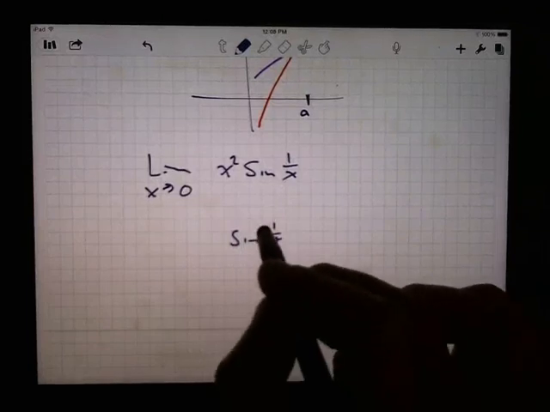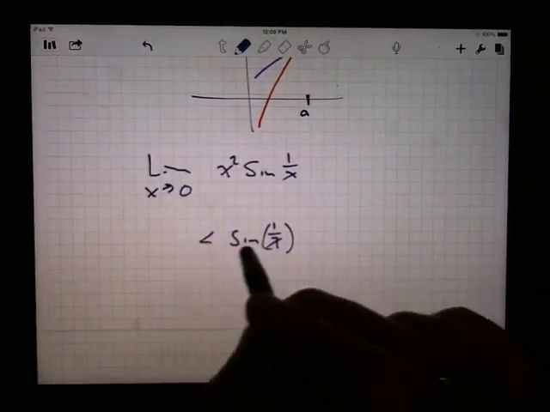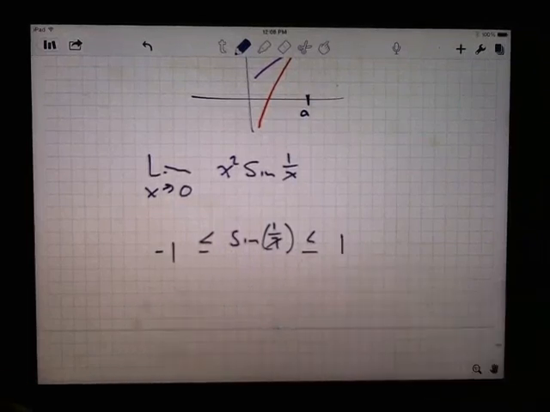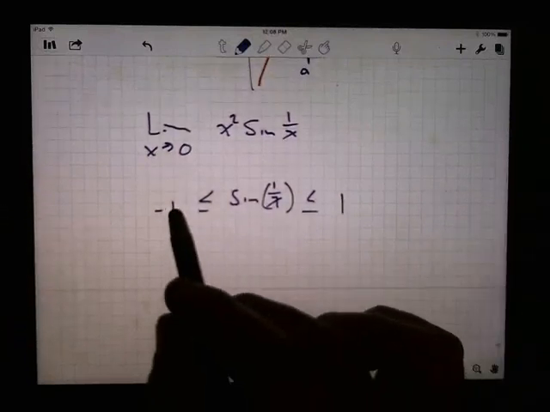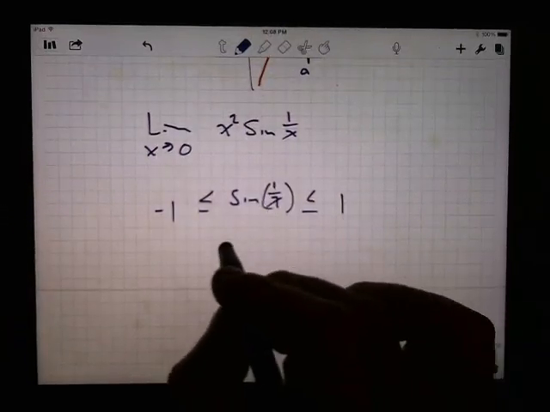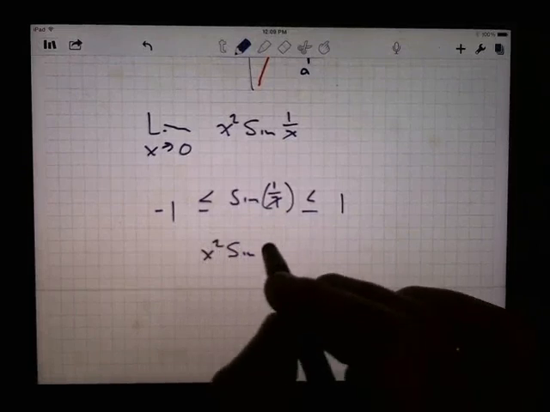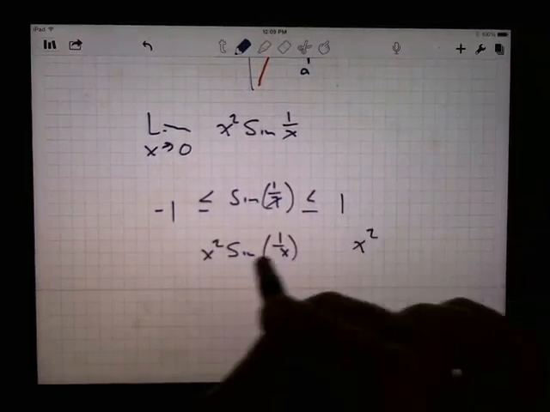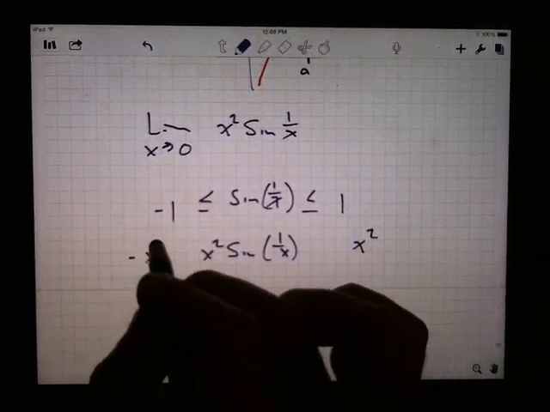I don't care what you plug into the sine function, the output will always be somewhere between -1 and +1. And so if I multiply everything by x squared, I've got x squared times the sine of 1 over x. 1 times x squared is x squared, and -1 times x squared is minus x squared.